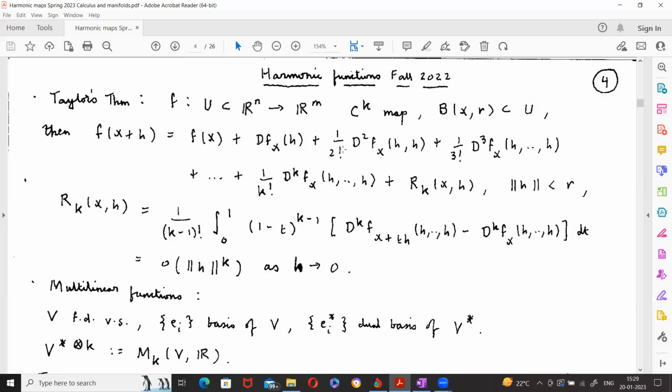So this will be 1 over 2 factorial, the second derivative d^2 f at x applied to h comma h, plus a cubic term 1 over 3 factorial d^3 f at x.